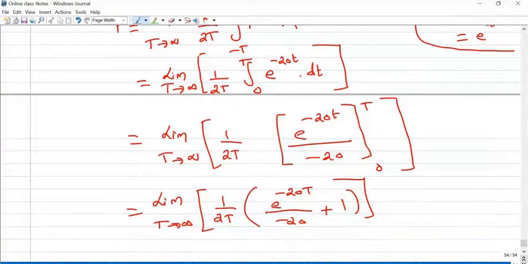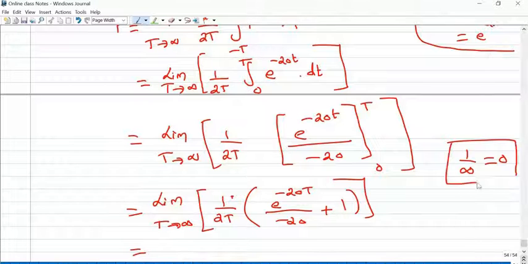This particular t is unable to cancel; it stays as it is, so there is no possibility of cancellation. Now if you substitute the limit t tends to infinite, 1 divided by 2 times infinite, 1 by infinite equals 0, so your total result will be 0 watts.